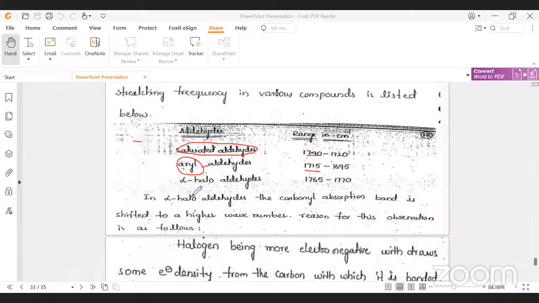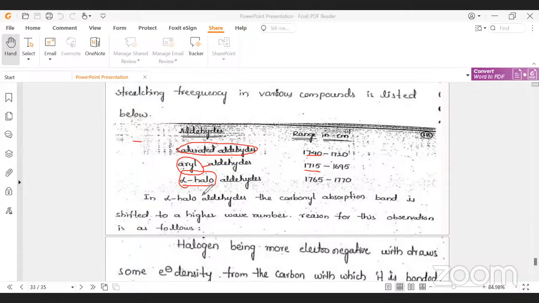So for example, in alpha halo aldehydes, where halogen groups are there, what is the main nature of the halogens? Halogens are more electronegative than other groups. Electronegativity means attraction of electrons from neighboring atoms.